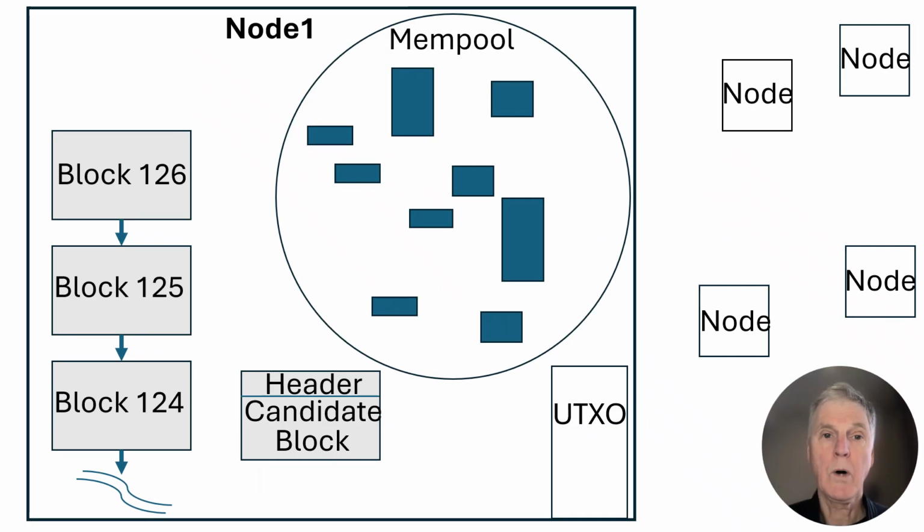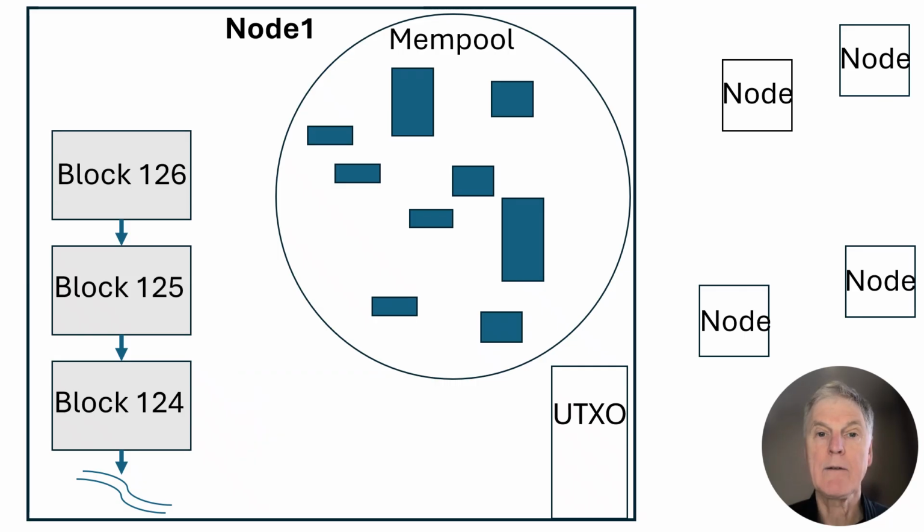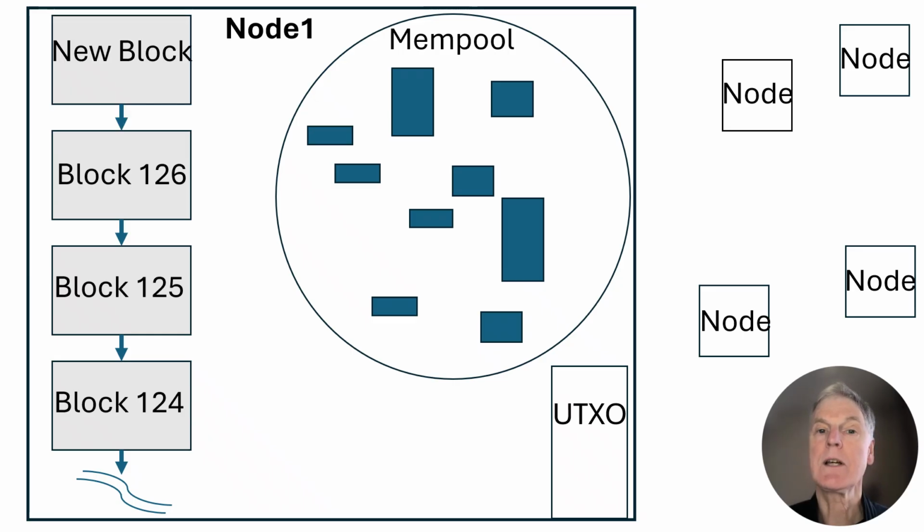Let's say node 1 finds values for the changeable fields in the header of its candidate block, such that a hash of the block header results in a number less than the target number. When this happens, node 1 adds its candidate block to the top of its local copy of the blockchain as a new blockchain block, and also sends its new block with the successfully adjusted changeable fields to the other nodes.